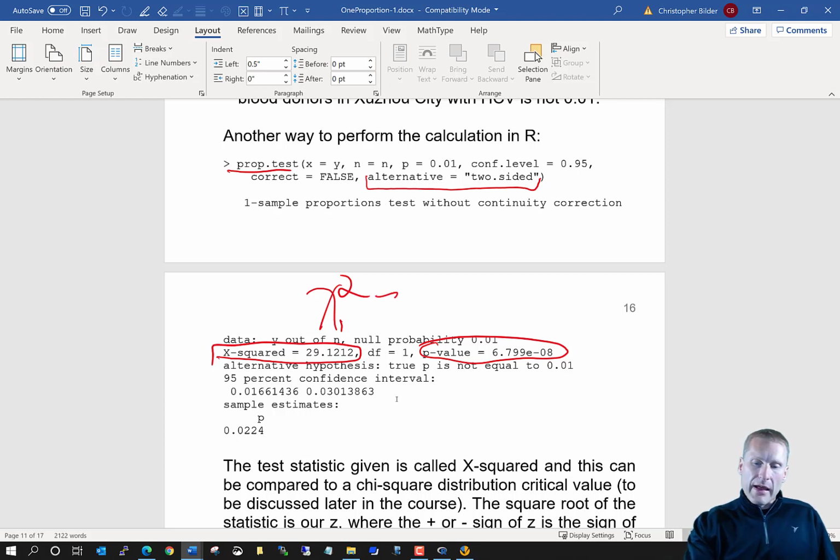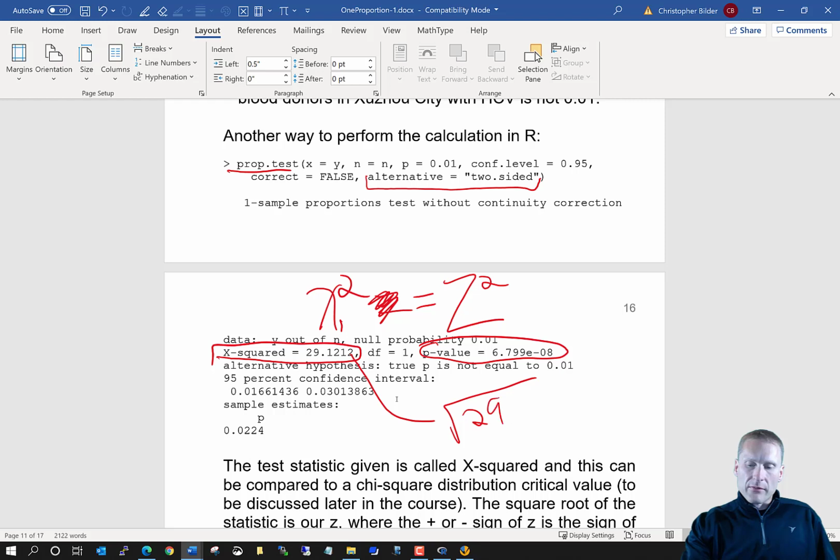And it just so happens that a chi-squared random variable with 1 degree of freedom is exactly the same as a standard normal random variable squared. So what we could do here is take that 29.12, take the square root of it. That's our test statistic.